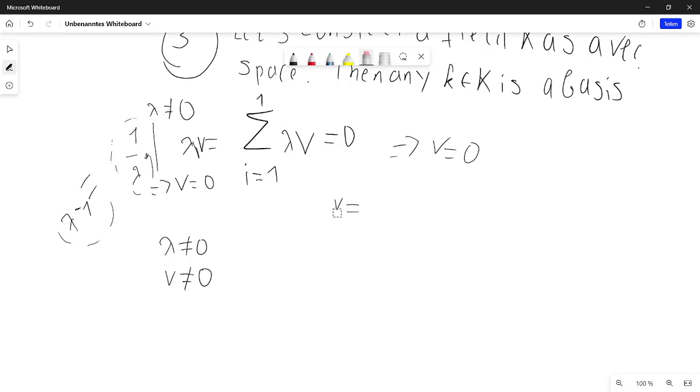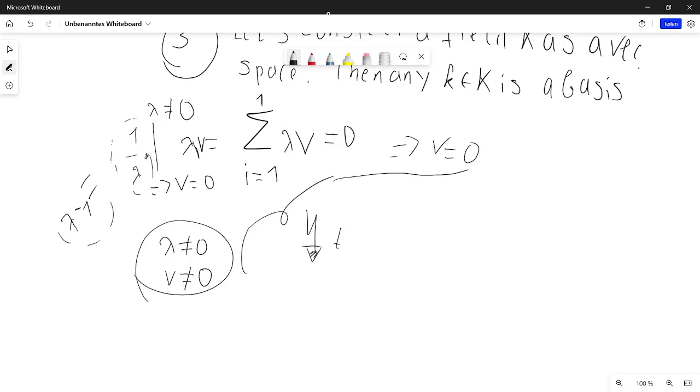So the only way, when v is non-zero, to represent 0 is to get lambda equal to 0, because lambda not equal to 0 gives a contradiction. That's the sign for a contradiction. Okay.